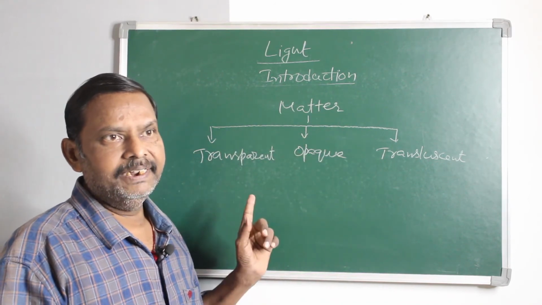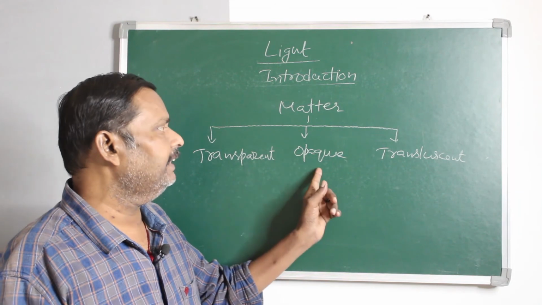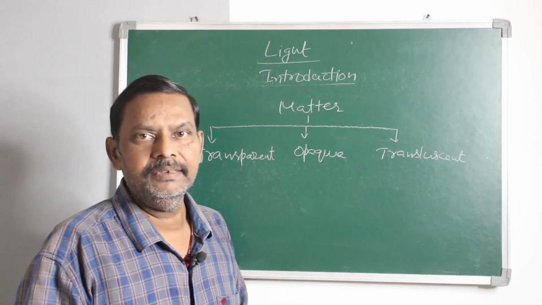One is transparent material, second is opaque material, third is translucent material.